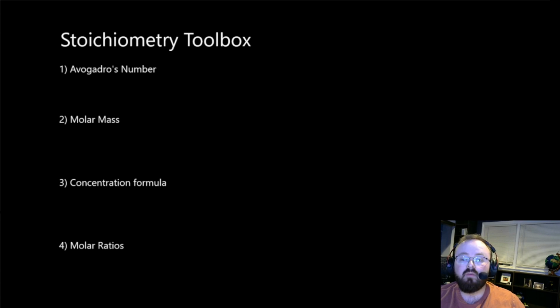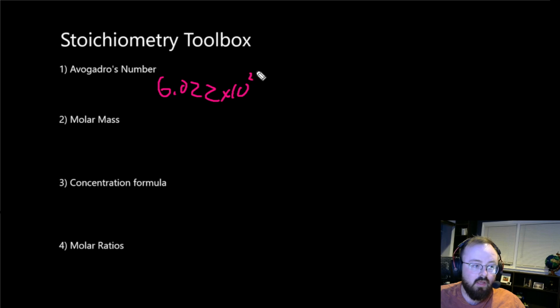Now Avogadro's number is a number, 6.022 times 10 to the 23rd. And this number right here is used when we're talking about converting between a count of something and a mole. So it's 6.022 times 10 to the 23rd of anything is equal to 1 mole of it.